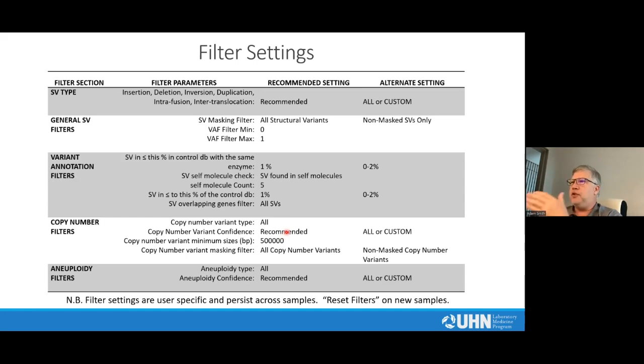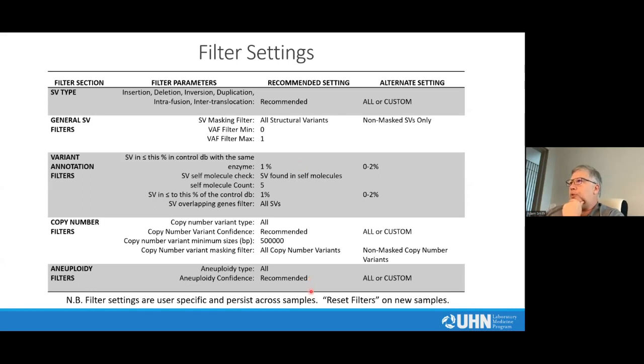However, if it is visible and you feel confident in evaluating the data manually, you can actually switch the filter setting to all. And of course, this will allow the software to make the call that you're visually seeing. So this entails a manual inspection of the data, which is also fairly commonly done in microarray cases as well.